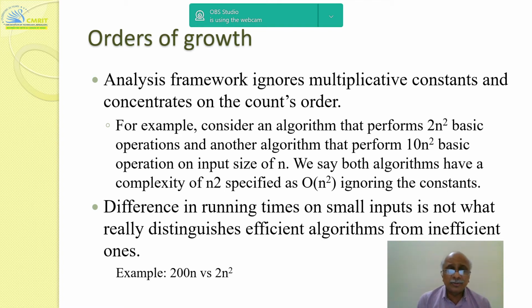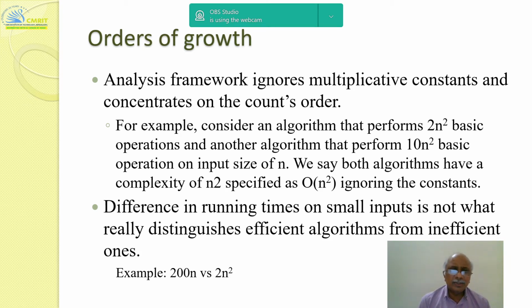For example, if you take two algorithms, the first one performs 200 n, and the second algorithm takes 2 n squared operations. For a small size of n equal to 10, the first algorithm takes 2000 basic operations, whereas the second algorithm takes just 200 basic operations.